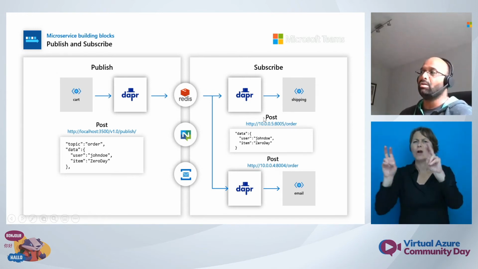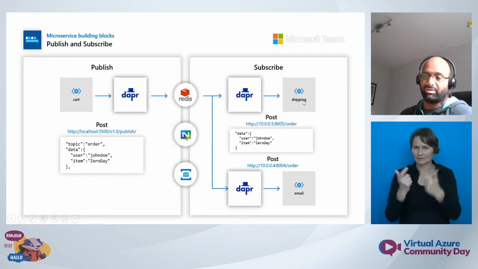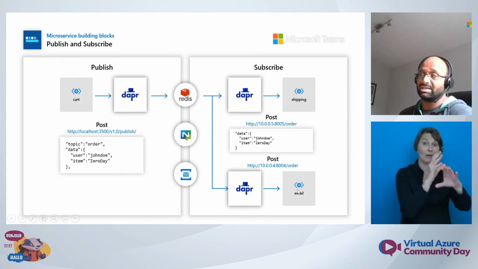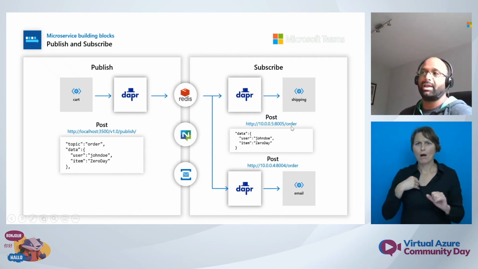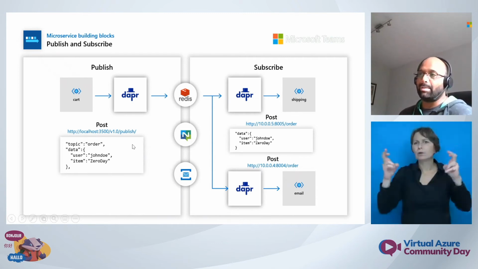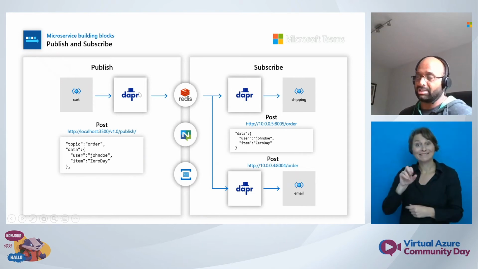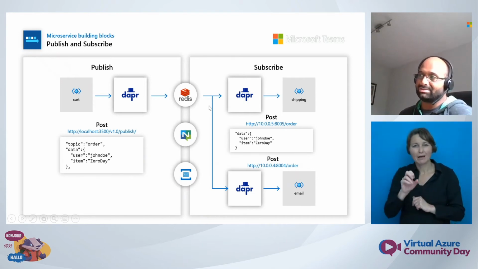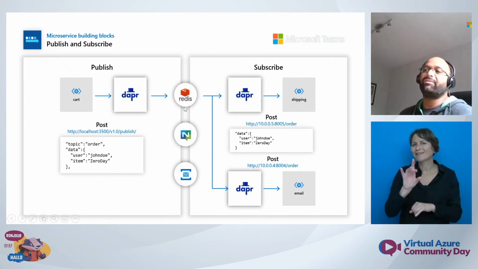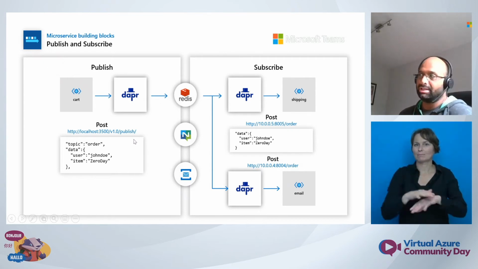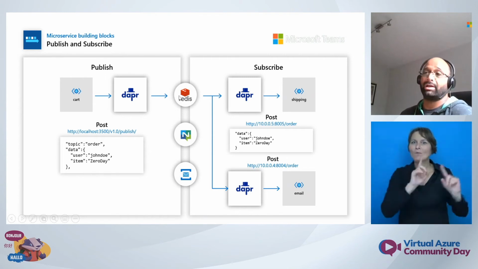In this case, both the shipping and email services have said to their respective Dapr sidecars, hey, we want to subscribe to the topic order. And once these Dapr sidecars, which are connected to each other and using Redis as the pub/sub store, find a topic of order, they will deliver it to shipping and email.